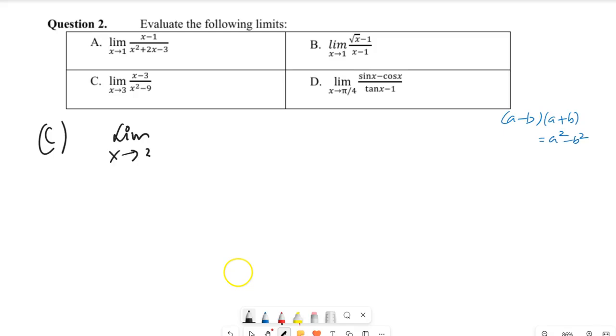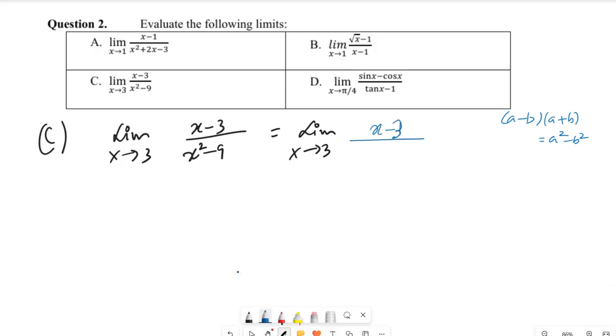Limit x approaches 3 of (x minus 3) by (x square minus 9). Again, if I put in 3 straight, it's going to be 0 by 0. Doesn't work, so I need to factor the denominator somehow. If you notice, that's in the form of a square minus b square, because this is basically 3 square.